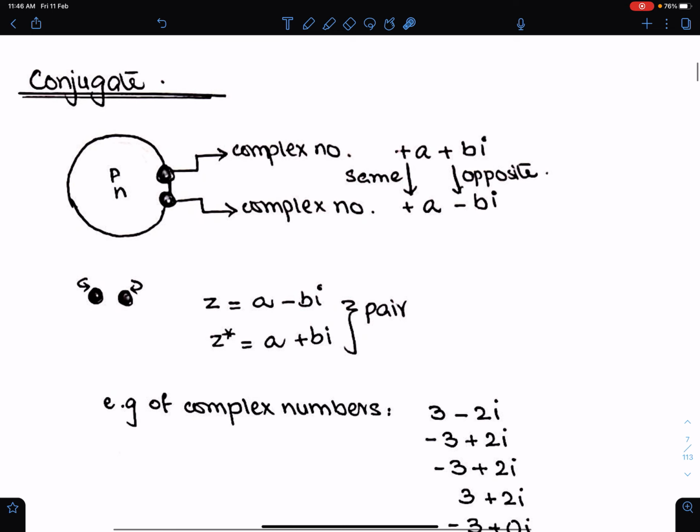Conjugates. We have discussed this as well. In conjugates, we have same signs of real parts and opposite signs of imaginary parts. For example, if this is z, then its conjugate should be a plus bi and it is represented by z star.